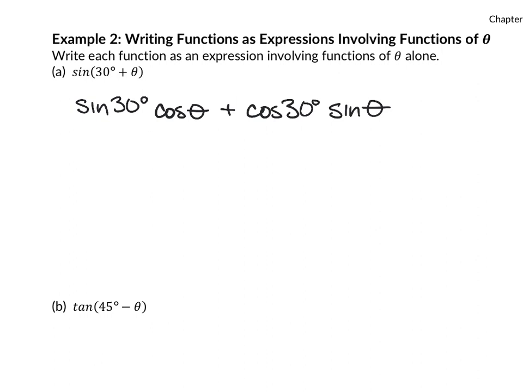We know the values for 30 around our unit circle. The sine of 30 is a half, and the cosine of 30 is square root 3 over 2.